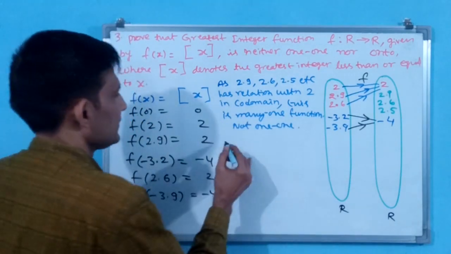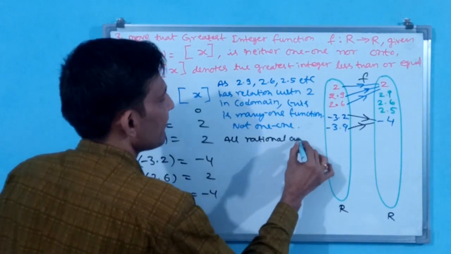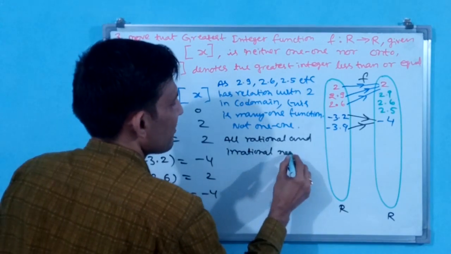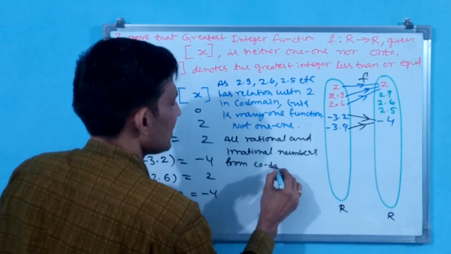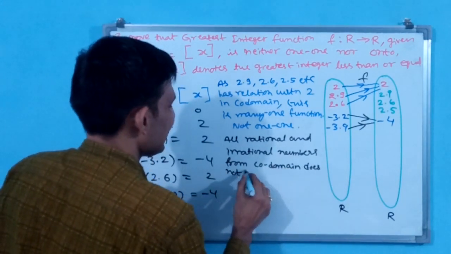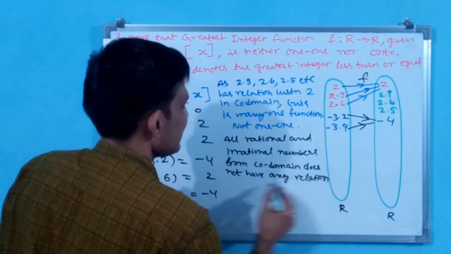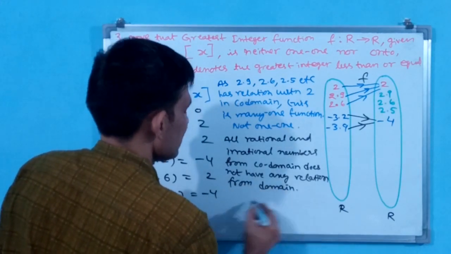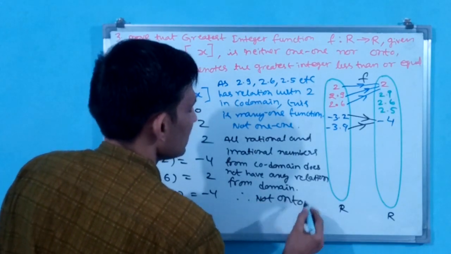Same thing we write. What we write? You see. All rational and irrational numbers from codomain does not have any relation from domain, therefore not onto.